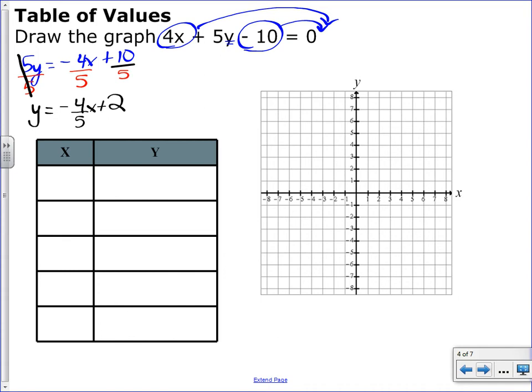There's special values of x that we can pick, so I don't get fractions. I get nice integer numbers. Does anyone remember how to do that? What values of x I should choose? I'll give you a hint. It has something to do with the denominator.